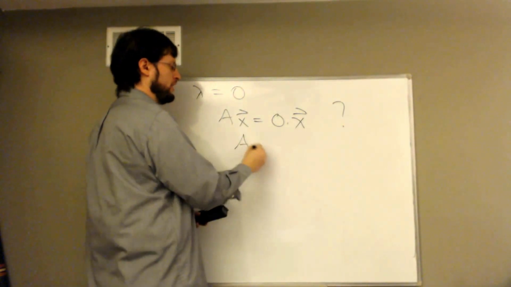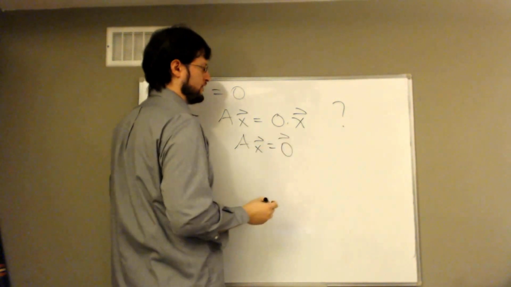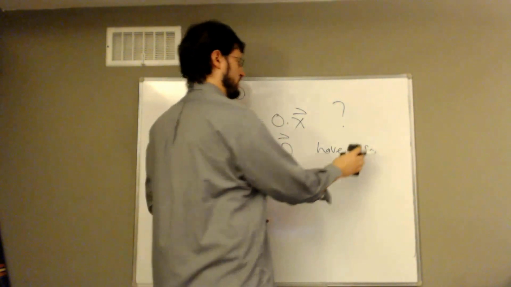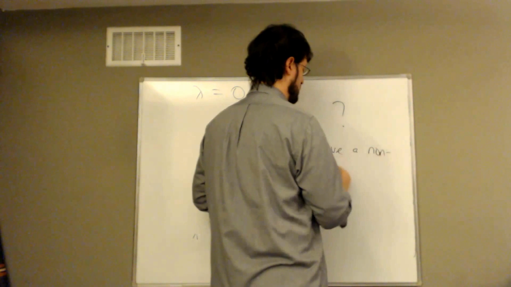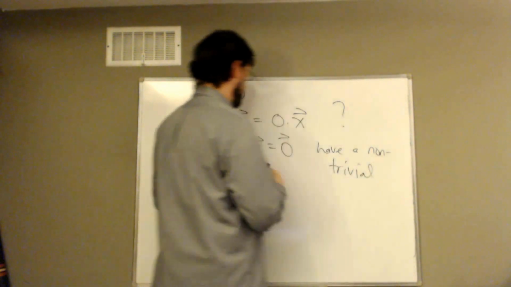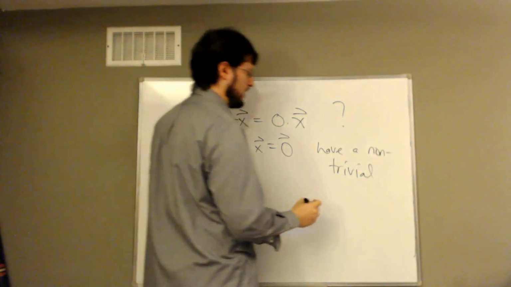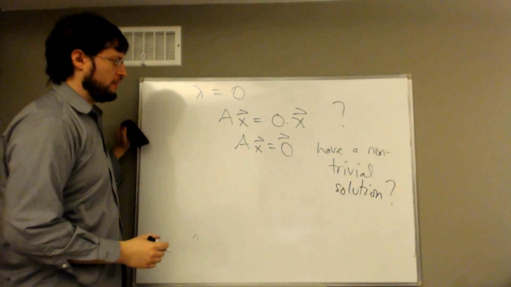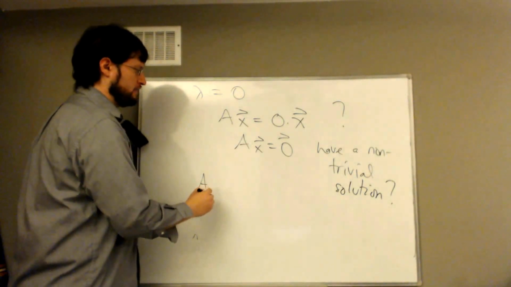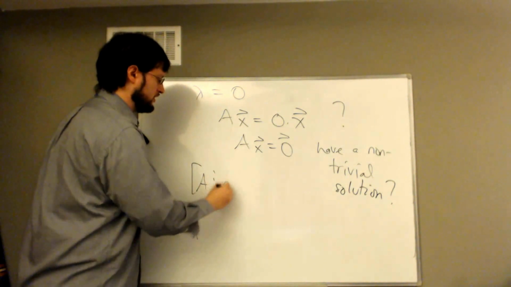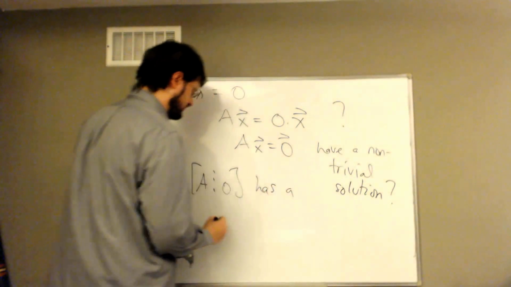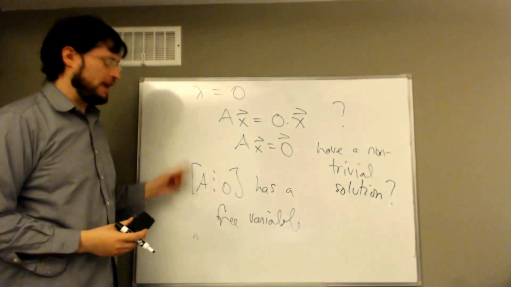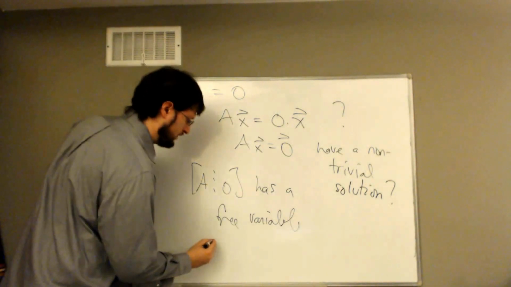Well, that's the same thing as saying, when does Ax equals 0 have a non-trivial solution? That is not just 0, right? Because I can always plug 0 in, but 0 we're not calling an eigenvector. So when is that true? Well, that's true if Ax equals 0 has a free variable, but that's only true if A doesn't reduce to the identity.